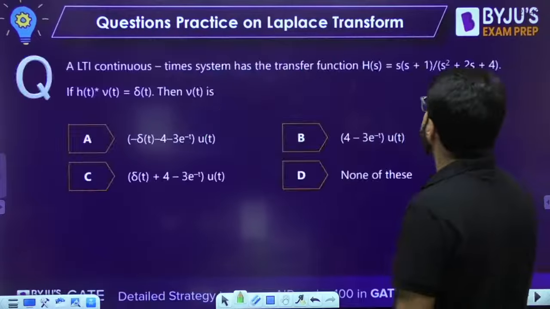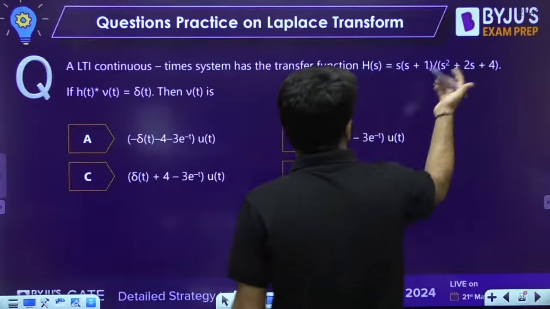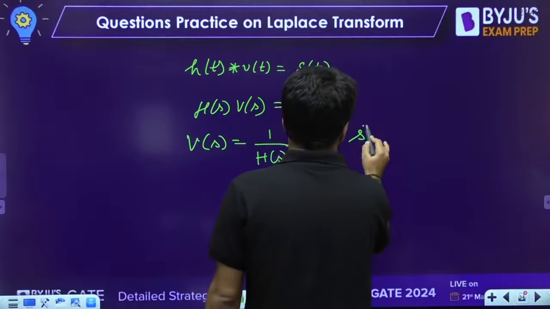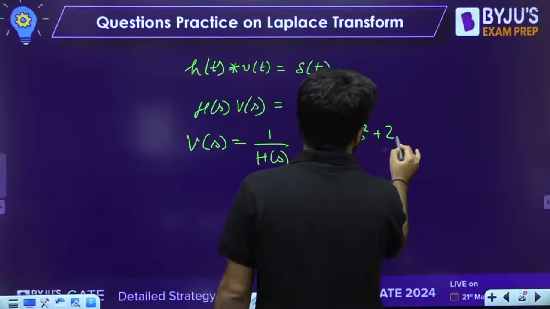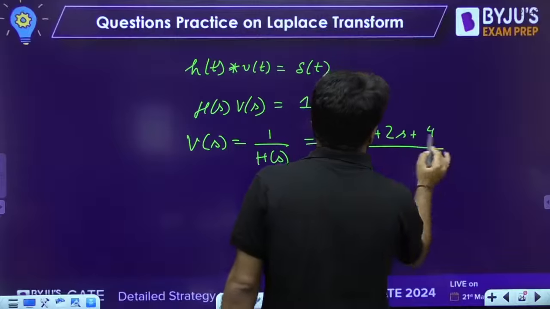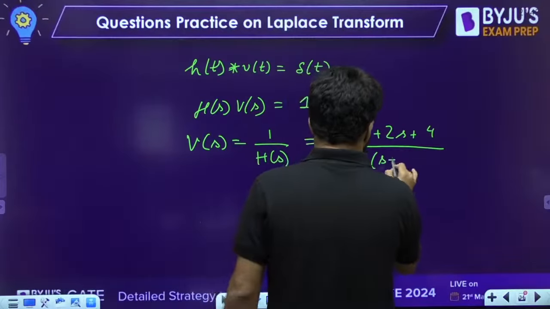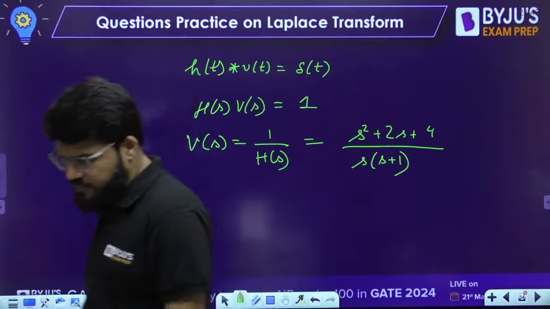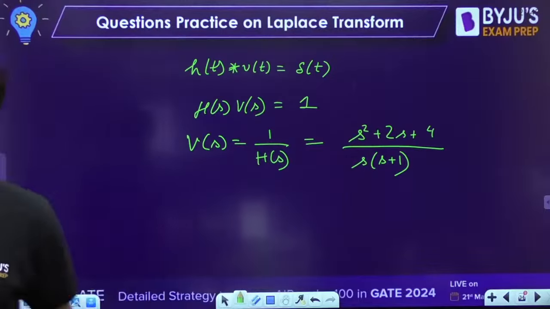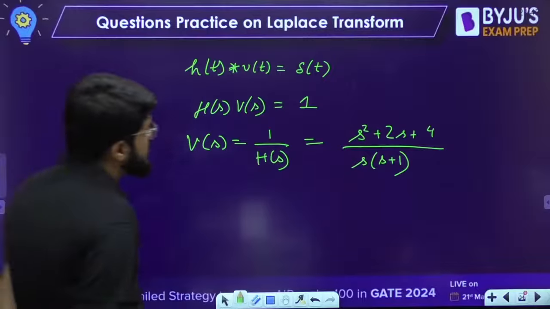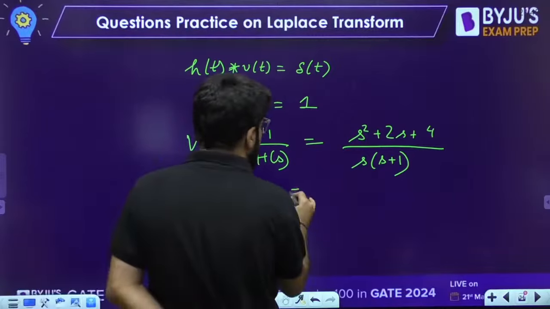Now what is that 1 upon H(s)? H(s) is given to us. When you reciprocate it, we get (s square plus 2s plus 4) divided by s(s plus 1). So first of all, a little bit of simplification.